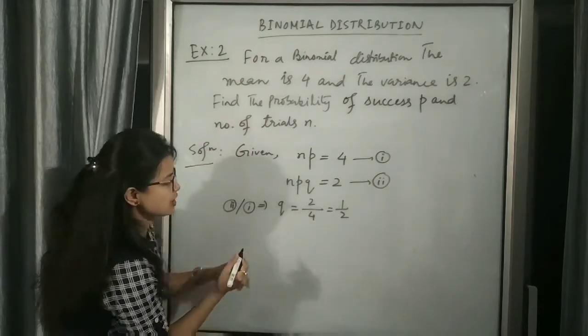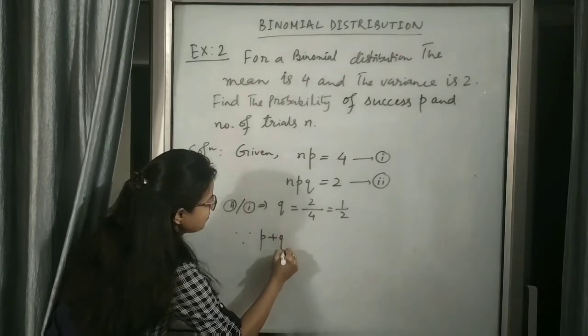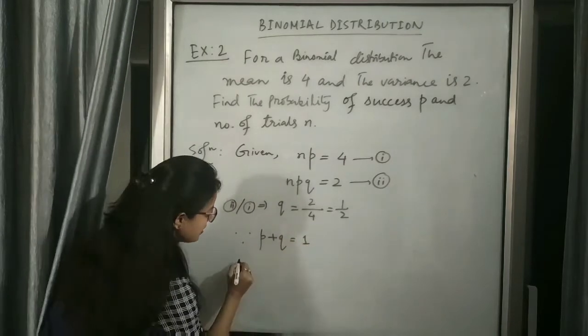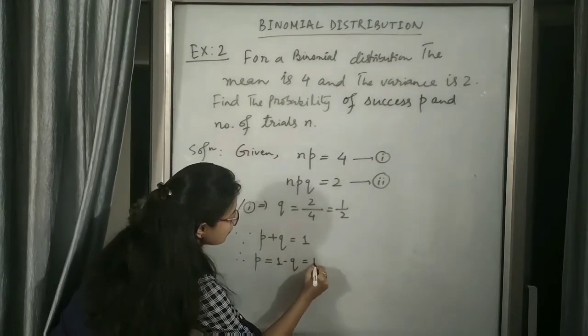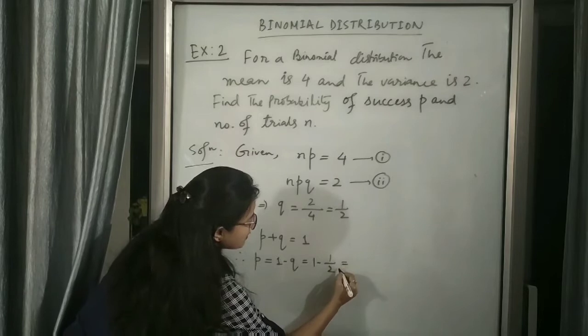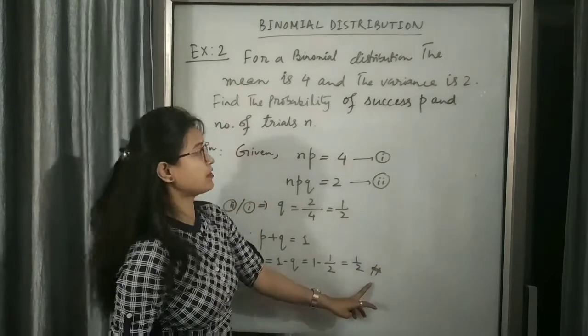As this distribution is binomial, we know p + q = 1. Therefore, p = 1 - q = 1 - 1/2 = 1/2. So we have one value.